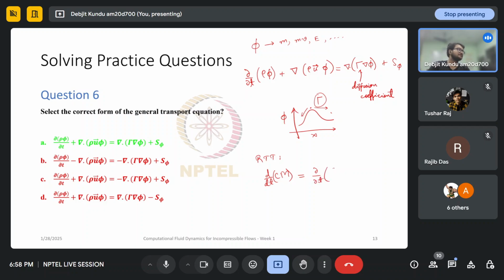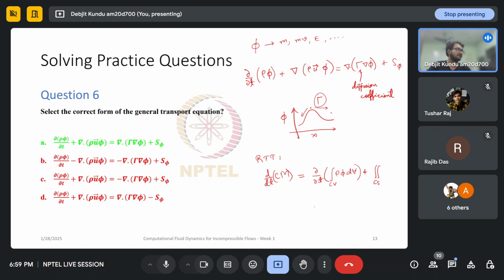So the change in control volume would be rho phi into that volume integrated over the control volume, plus a surface integral over the control surface.